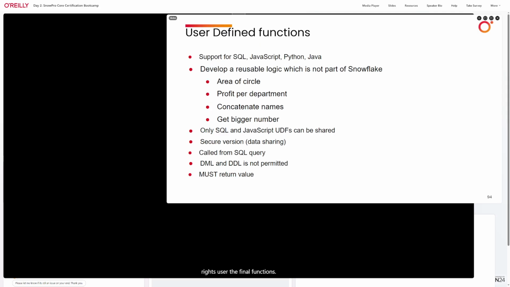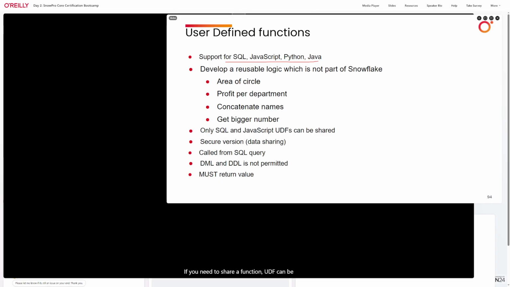User-defined functions. It's pretty similar to stored procedure in terms of supported languages, so it supports completely the same languages. Typical examples: you want to calculate something like profit per department, area of circle, or this kind of stuff. So where there is a missing built-in function, you might want to write your own.